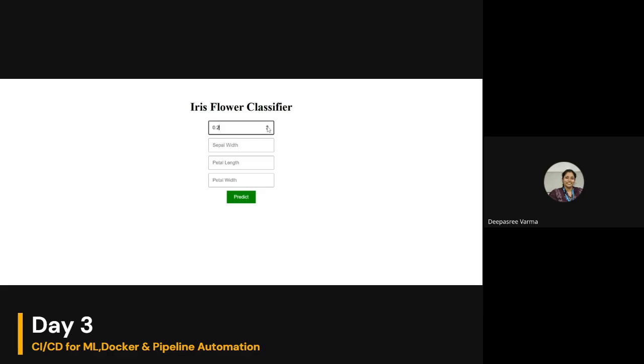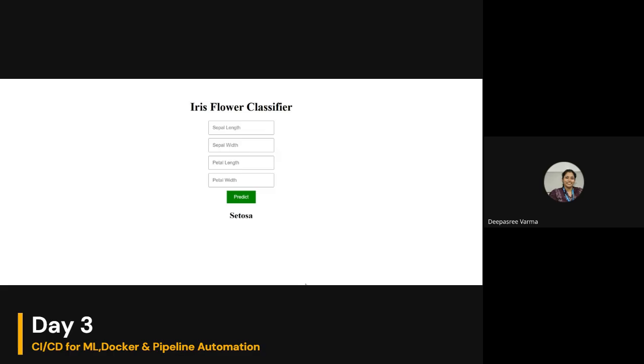I can give some values for sepal length, sepal width, petal length, and petal width. It will predict which species this is. So you can see it was the same application that I created yesterday. The difference is yesterday we ran it through VS Code, but today we did containerization and ran the Docker image.